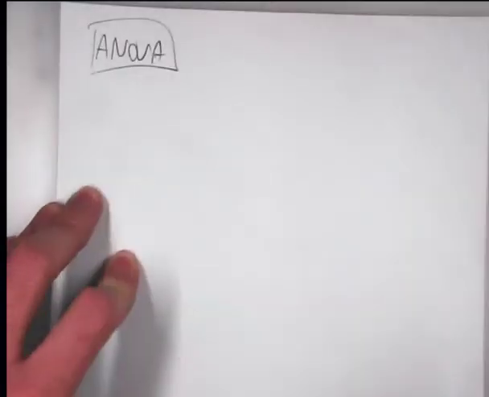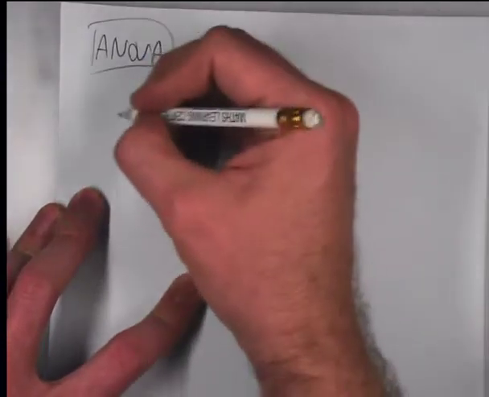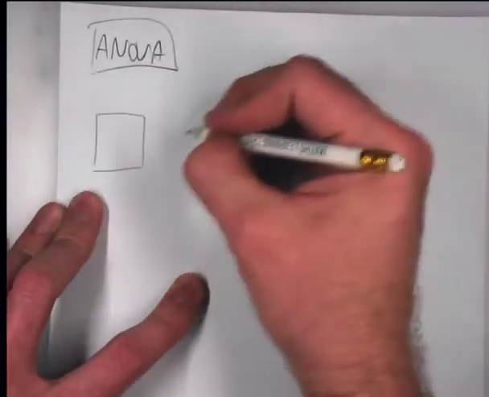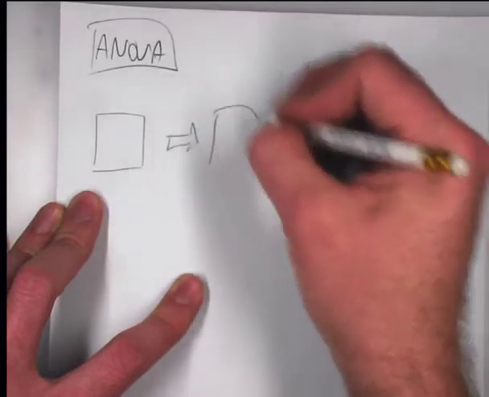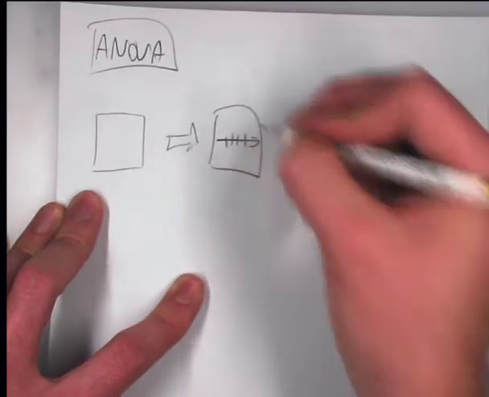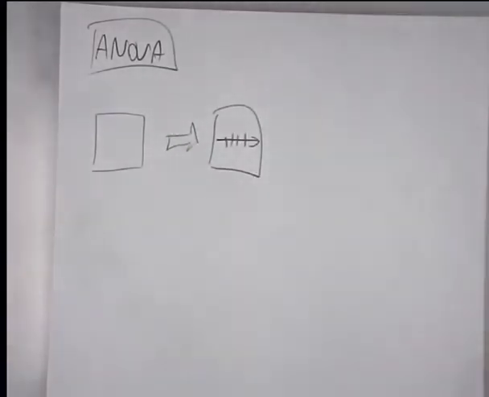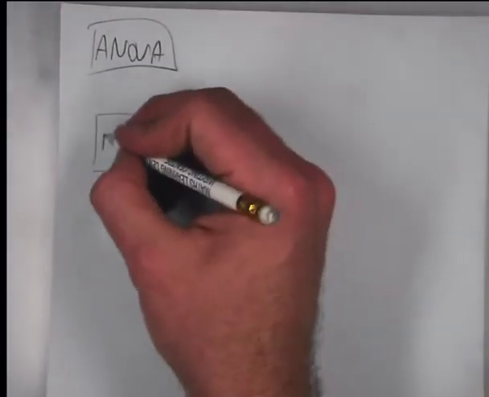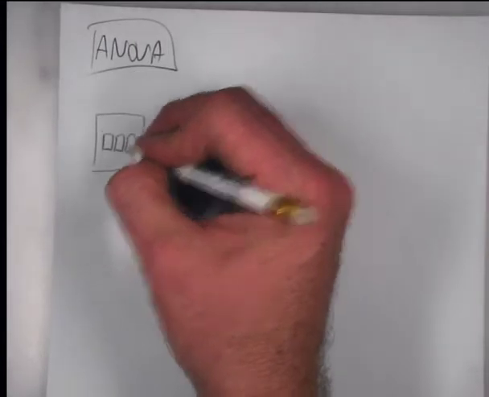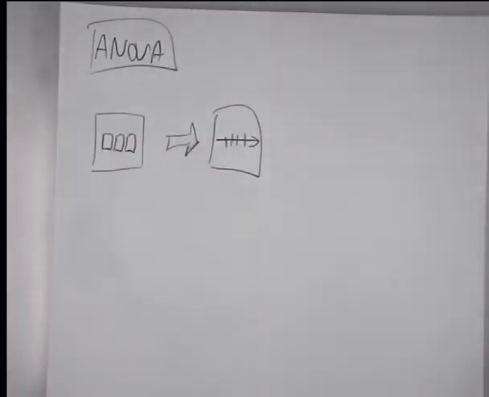Anova. So Anova has an outcome, right? And it also has a categorical variable that's affecting changes in that outcome. You know, small, medium, large.